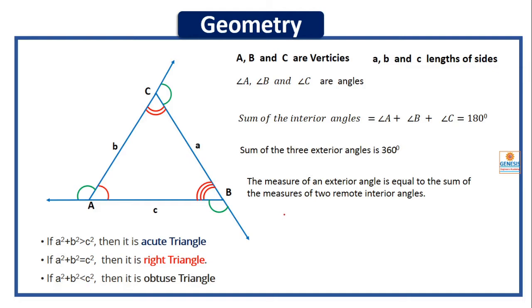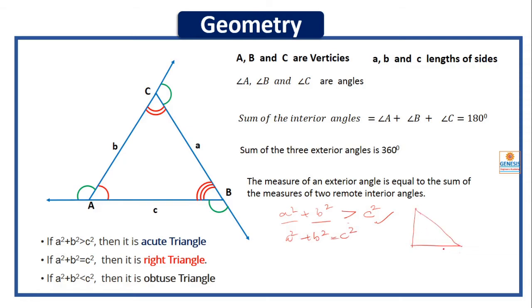If the sum of the squares of two sides, I'll take A and B, so it is not a fixed one, if A square plus B square happens to be greater than C square, then the triangle is an acute triangle. If A square plus B square is equal to C square, then it is a right angle triangle. You understand my point?